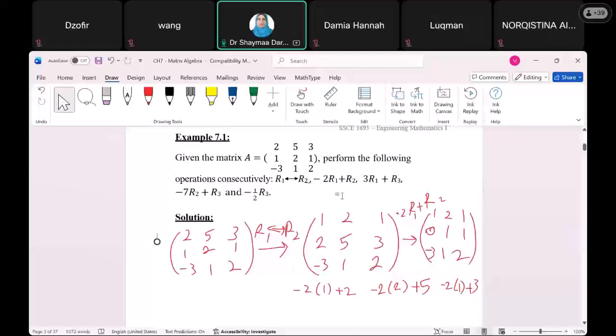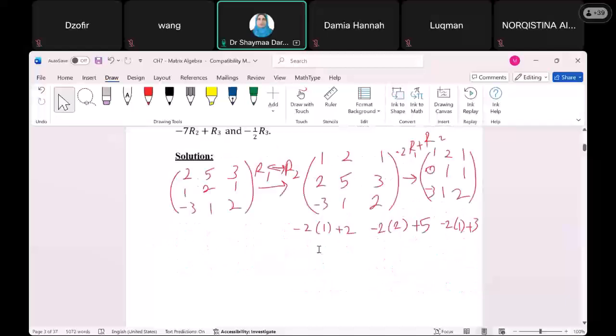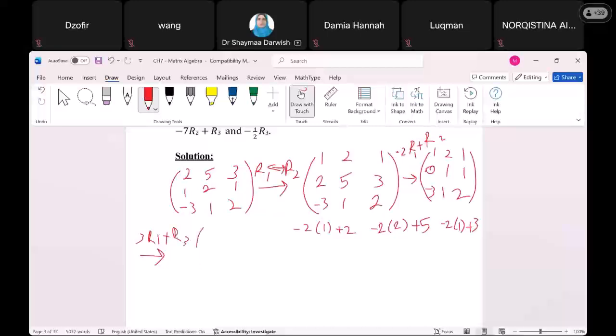Now I will perform the third operation. I will multiply the first row by 3, adding to the third. So here we have 3 times the first row plus the third.